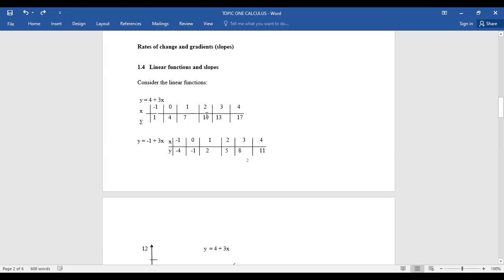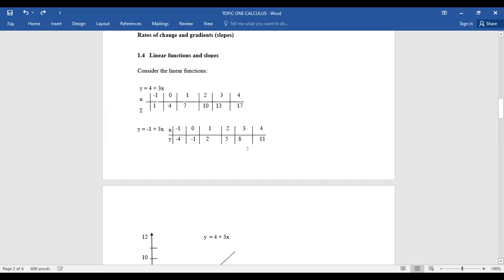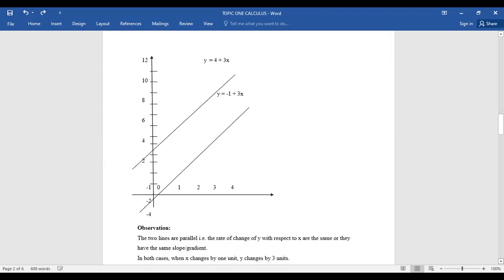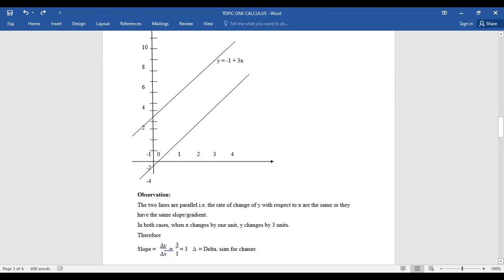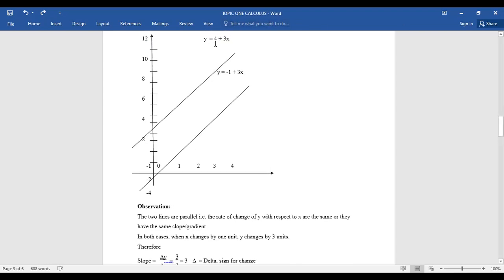I replace it with 2, I'll get 10, and on and on. Same case to the second function here, y = -1 + 3x, will give me these figures. So if I plot these lines on a Cartesian plane, I'm going to get such a graph. The first graph is for the function y = 4 + 3x, and the second one is for y = -1 + 3x.